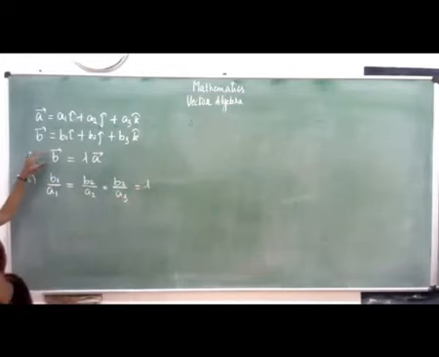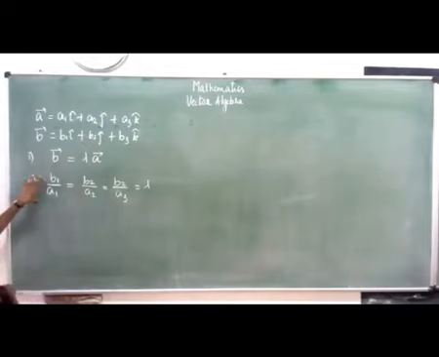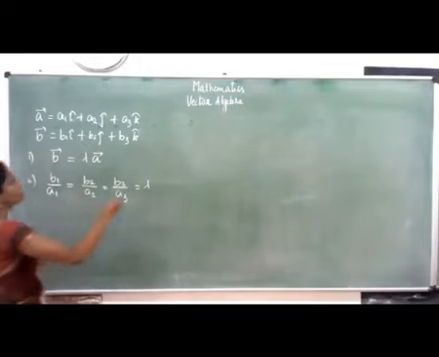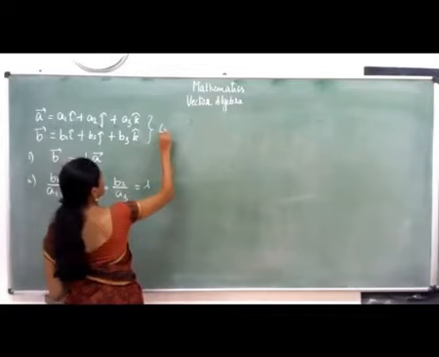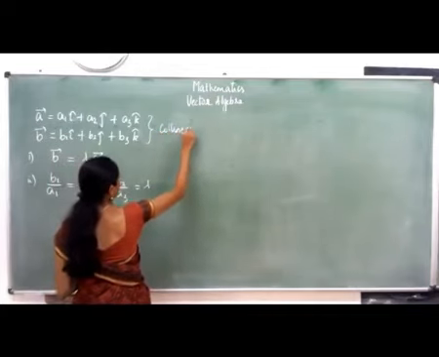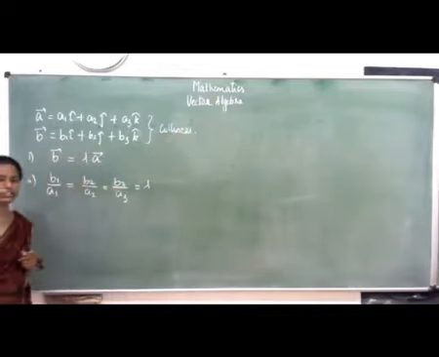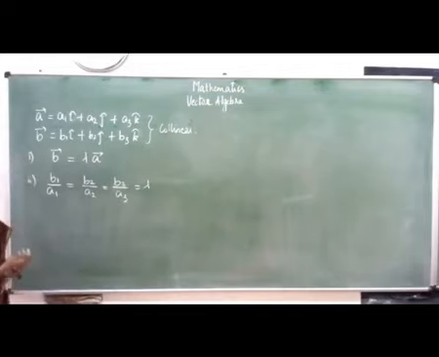Either you can prove this or you can prove by this method. So if we say that these two vectors are collinear, you can apply any of these two conditions and prove that the given two vectors are collinear.